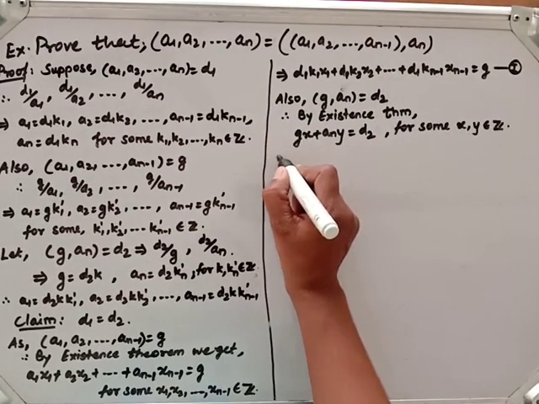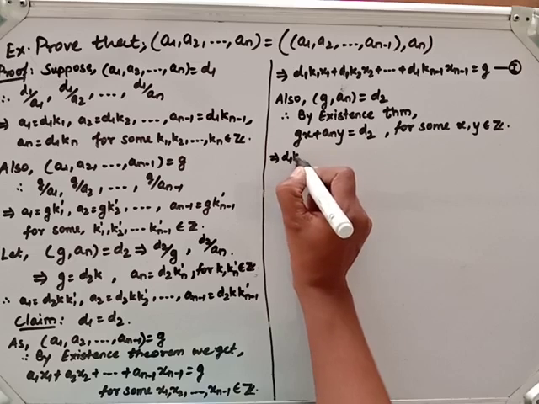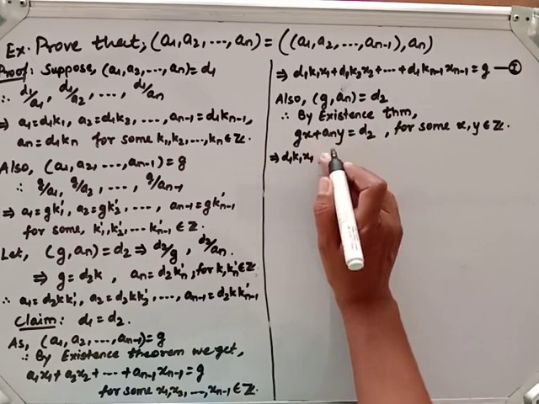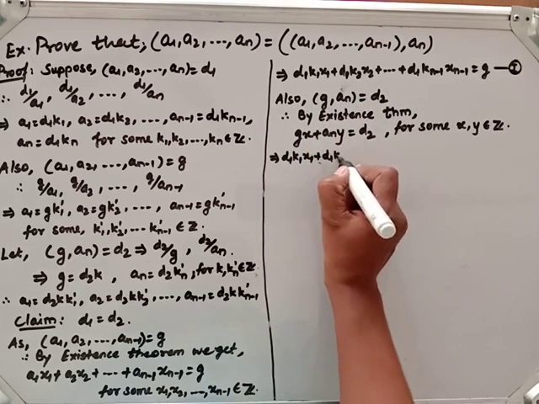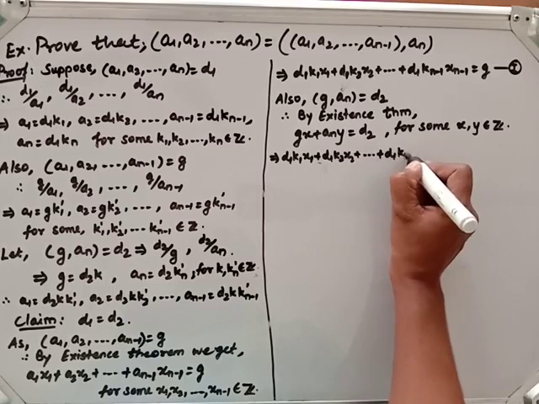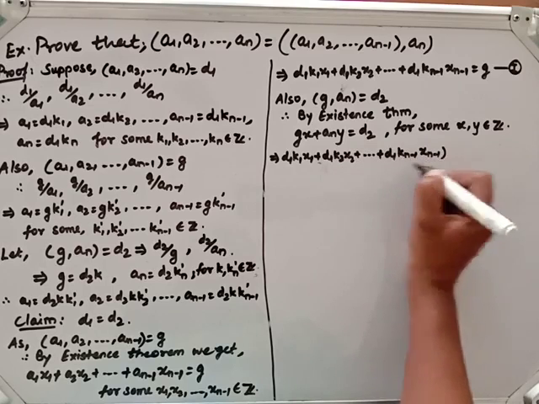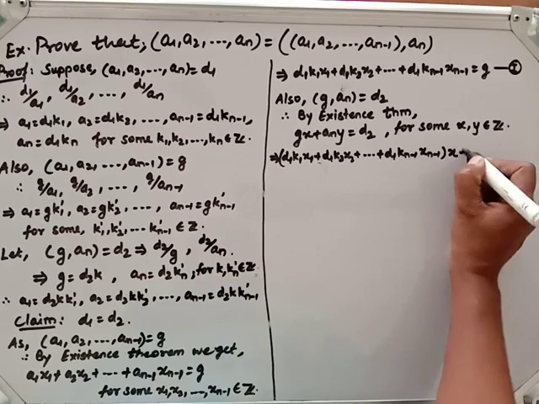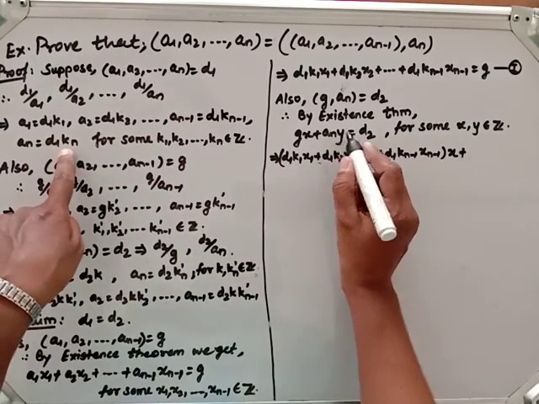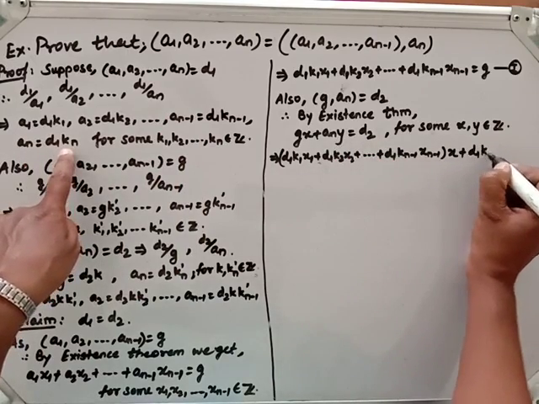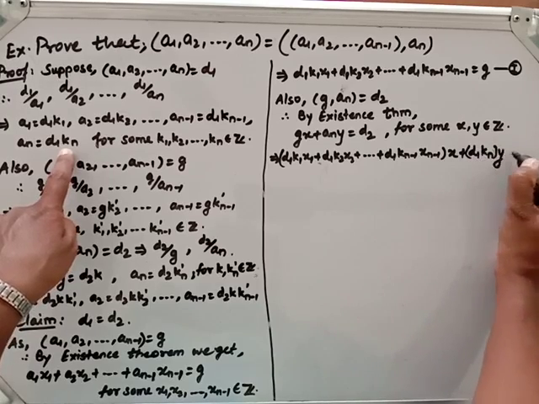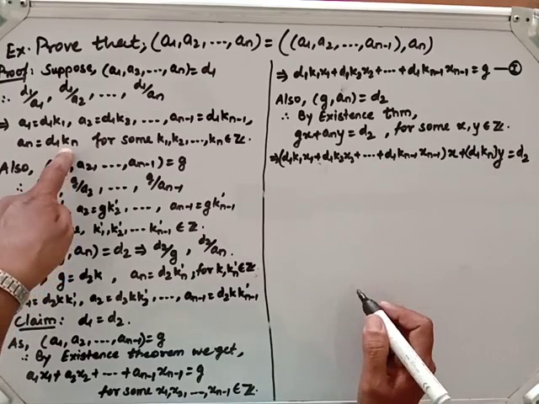If I substitute G here, I get d1 k1 x1 into x plus d1 k2 x2 into x, plus so on up to d1 kn-1 xn-1 into x, plus an, and an is d1 kn, so d1 kn into y, and that is equal to d2.